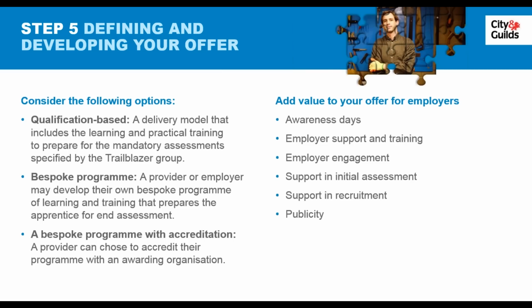For a bespoke programme, this is where you might want to develop your own programme of learning to make sure that the apprentice prepares for endpoint assessment. And then the final one is where you would bespoke that programme with accreditation. So where there's no qualification, you can still accredit that programme with an awarding organisation. So lots of different models for you to consider.